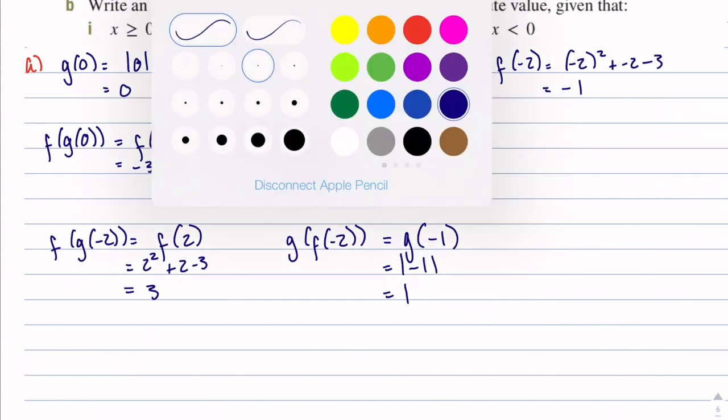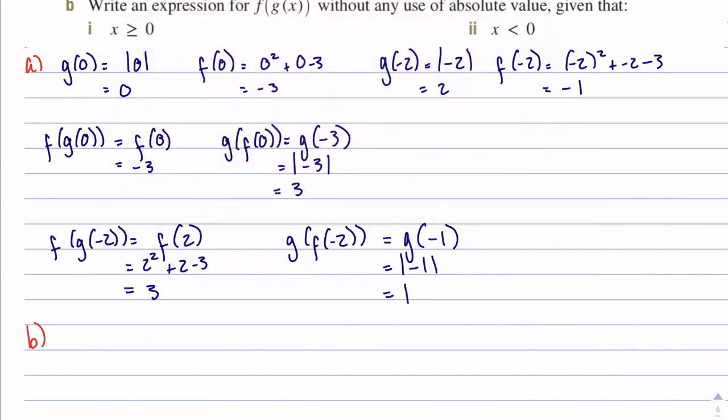Okay. B is where it actually gets interesting. If we know x is greater than or equal to 0, we want f of g of x. Now g of x was the absolute value of x, so we want f of the absolute value of x.